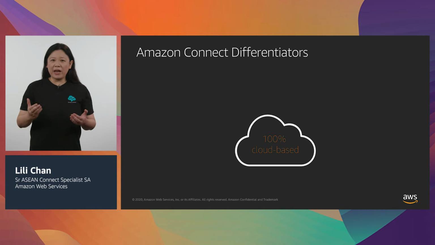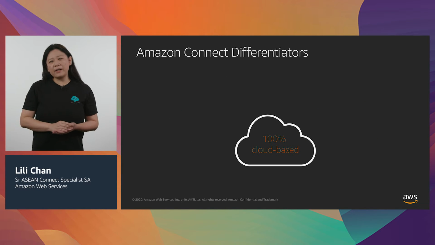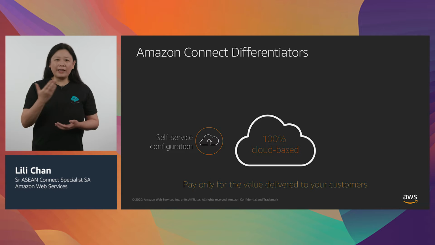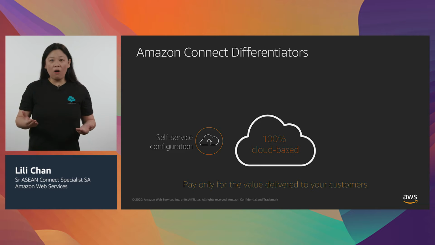Beyond the standard functionalities, Amazon Connect delivers differentiators that allow customers to create exceptional customer experiences. For example, Amazon Connect was built to be 100% cloud-based. There are no adapters, applets, applications, or browser extensions to install.